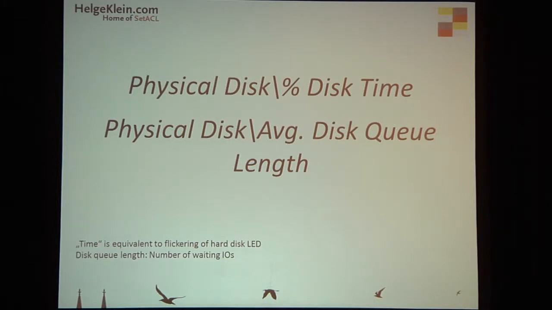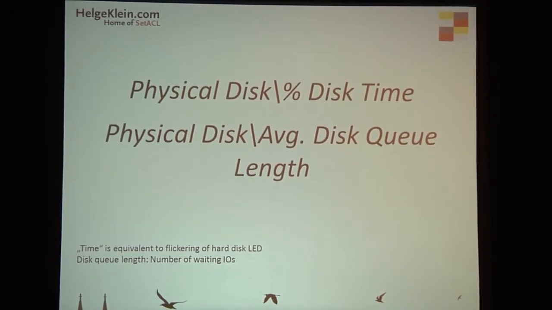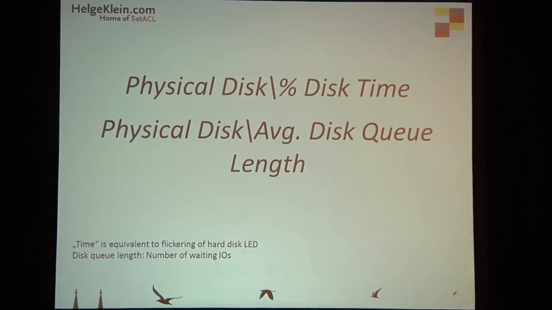In a server, we don't have that. If we do, the disk subsystem of that server is probably not sized properly, it's too big. If there is disk activity and the server does work, which is why we bought it, then the disk queue length is going to be above 0.